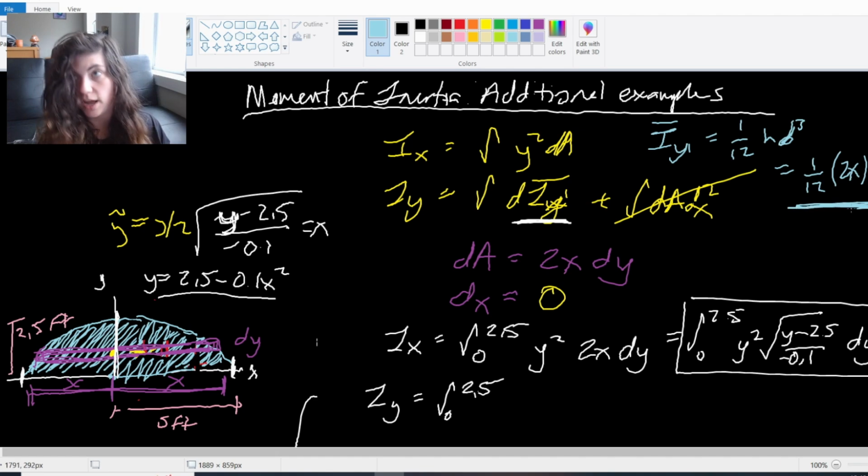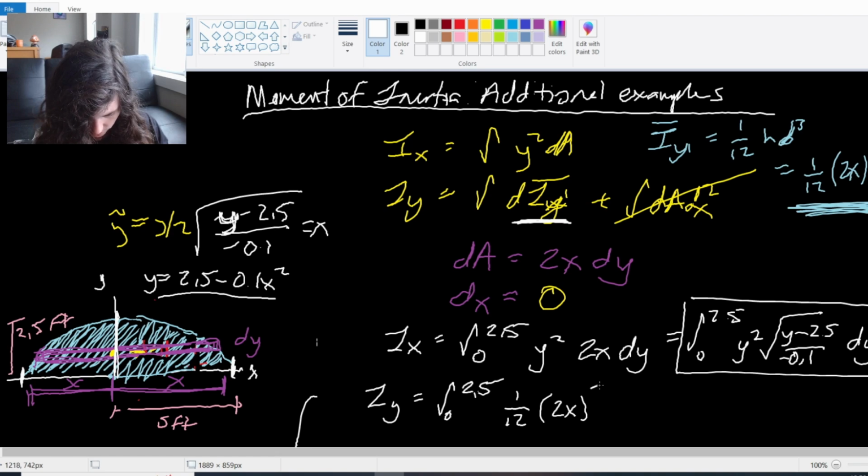So this is the entire thing that I'm going to plug in my equation. So it's 1/12 times 2x cubed dy. And again, I would have to make that x substitution in there. Let's just erase and pop it in there real quick.